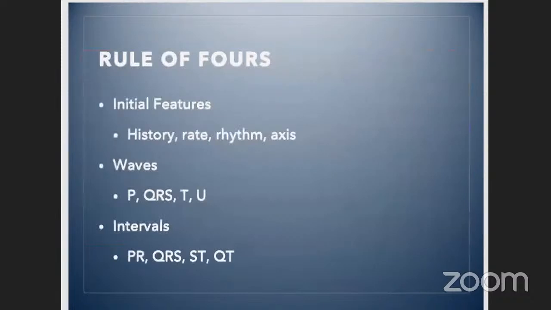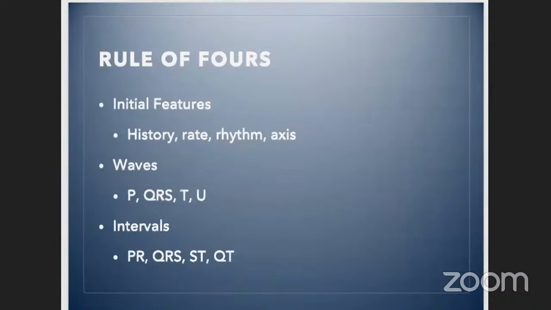An easy way to remember this is the rule of fours. So 3 different rules that have four components for us to consider. Often when looking at an ECG, it's an adjunct or a supplement to making a diagnosis and helping us determine the next steps of management for our patient.